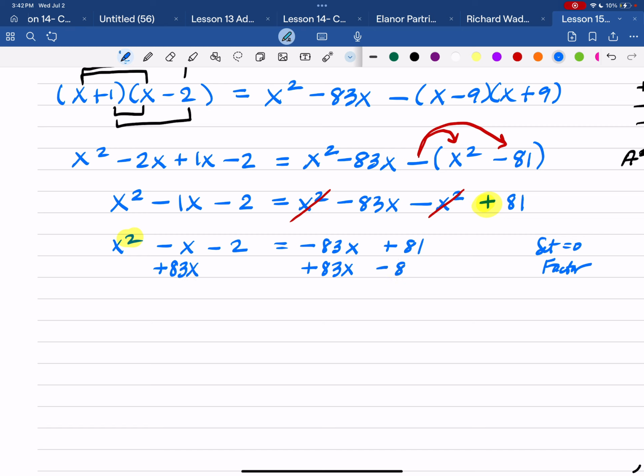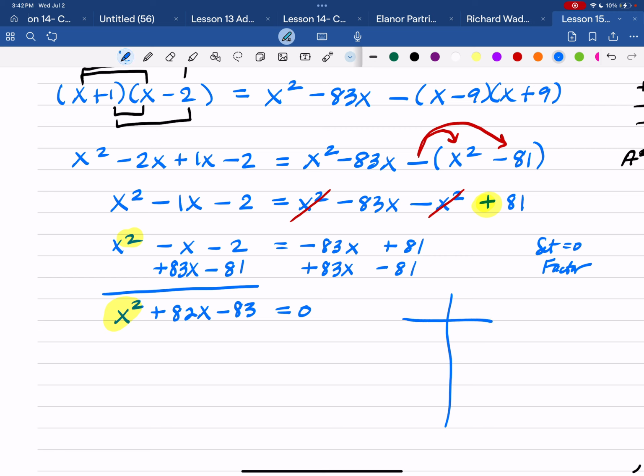I need to subtract an 81, and I get x squared plus 82x minus 83 equals 0.